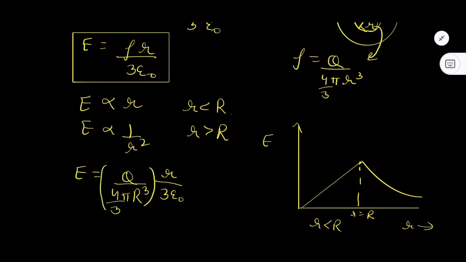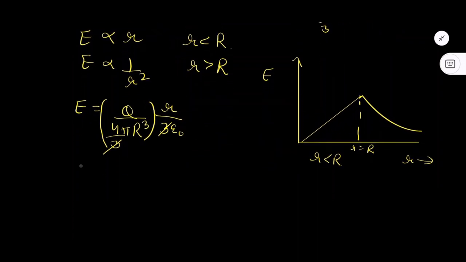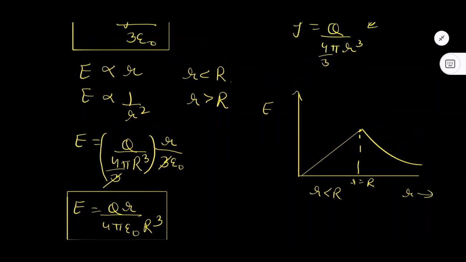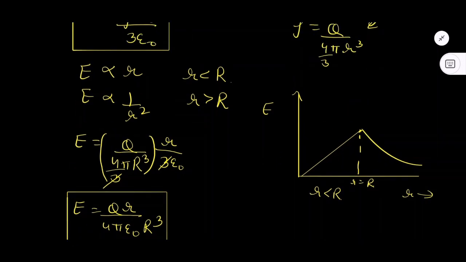So we can cancel out this 3, and we are left with q r upon 4 pi epsilon naught capital R cube. So this will be the electric field inside the sphere. This is our another expression. We can express it in either charge density terms or in terms of charge, right?